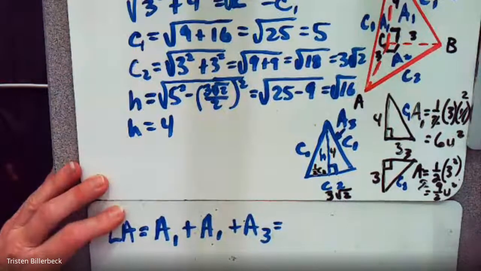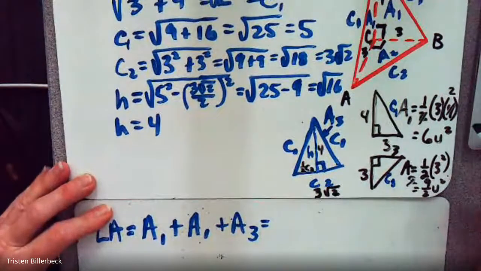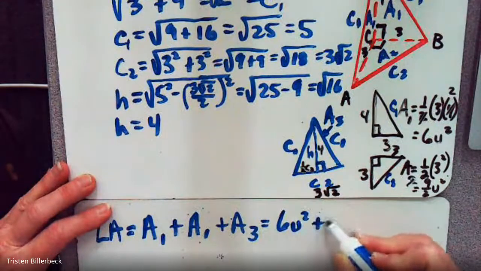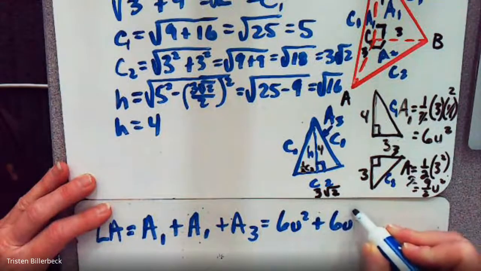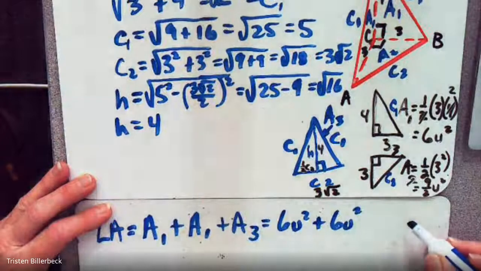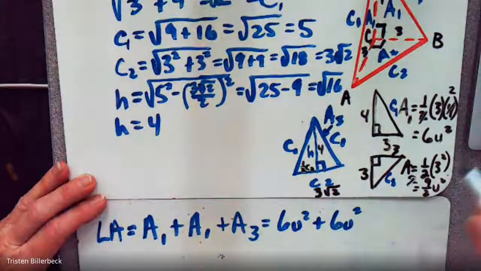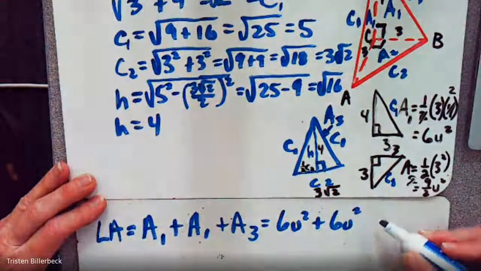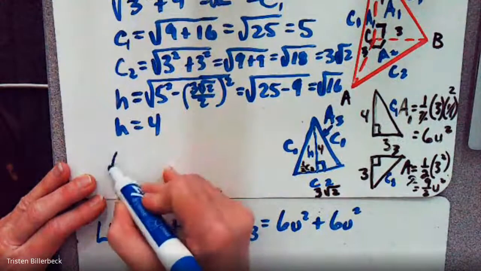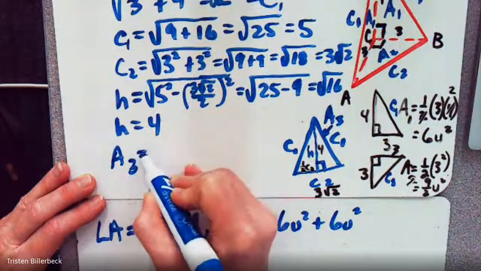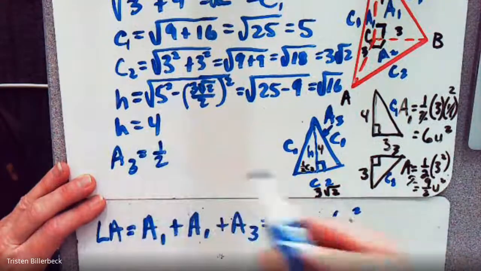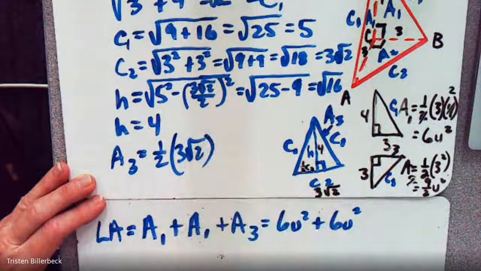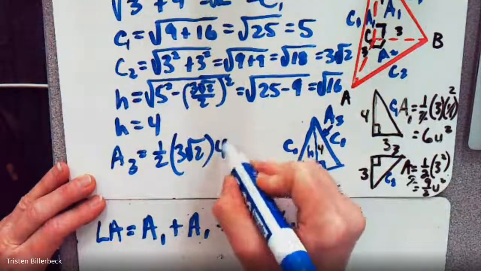Okay, so A1 ended up being, we had 6 units squared plus 6 units squared. And then A3, the area for that one, we need to figure that one out. So A3 is 1/2 the base, which is 3 square root 2, times 4.